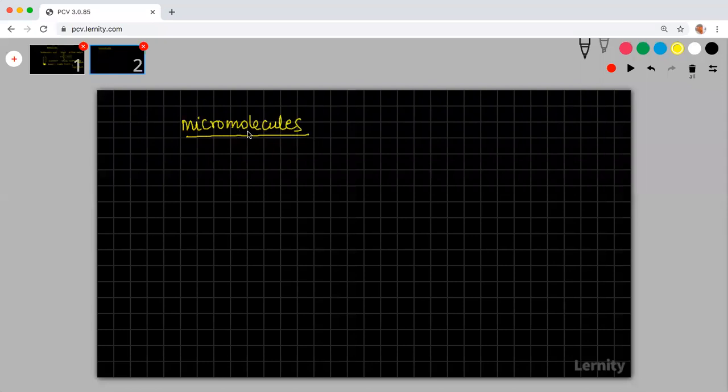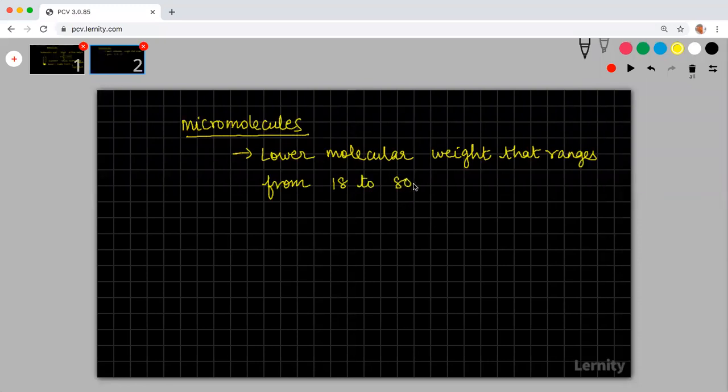Okay, so what are micromolecules? Micromolecules are something that have lower molecular weight, that ranges from 18 to 800 Daltons.